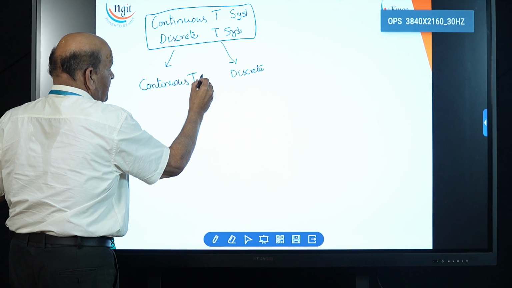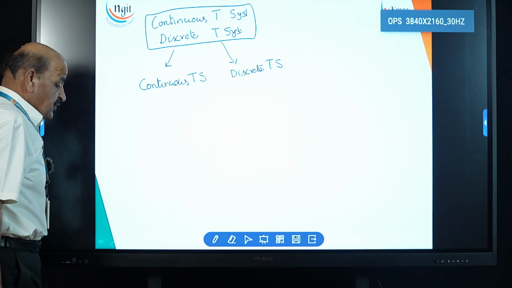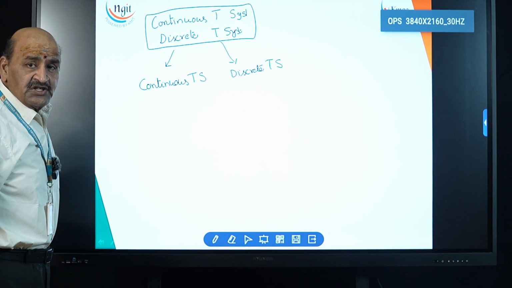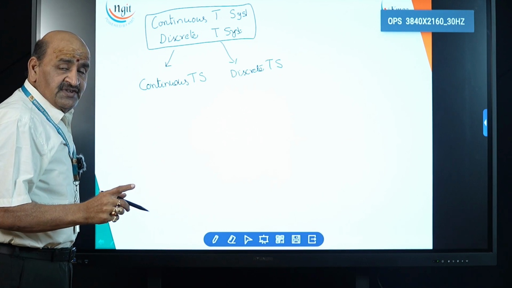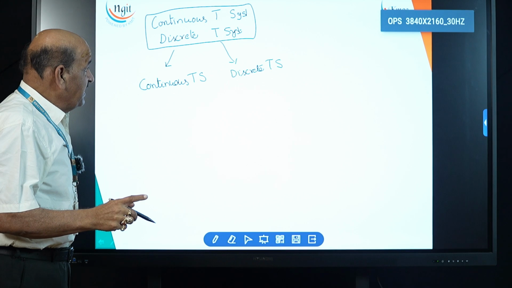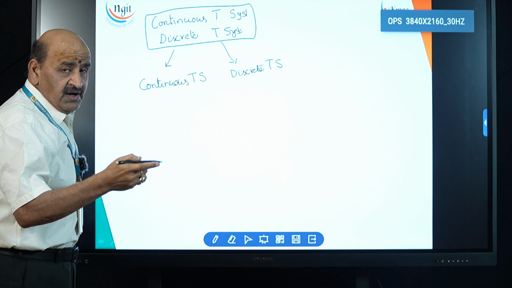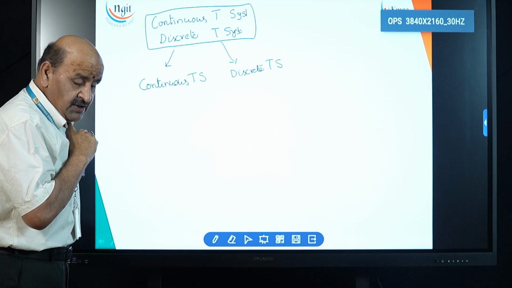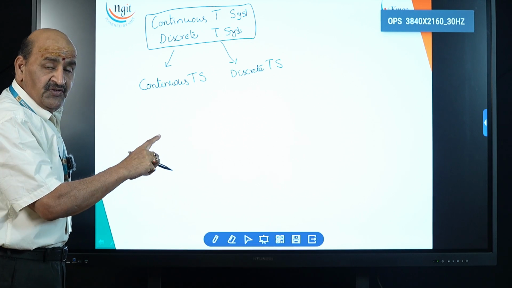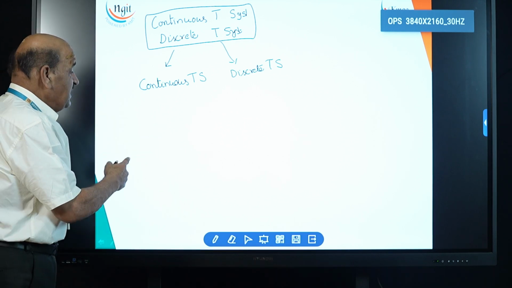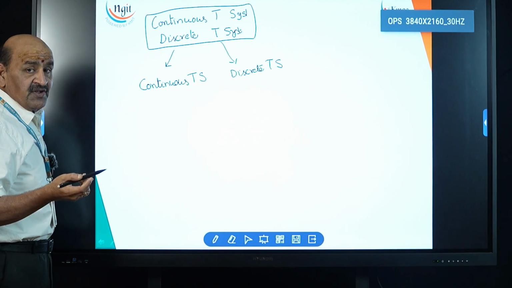In the beginning of this first unit, we already segregated what continuous time signals and discrete time signals are. All these signals should be worked out on a particular system, so you can use the word system in place of signals too.